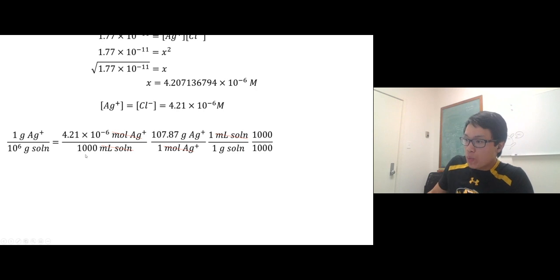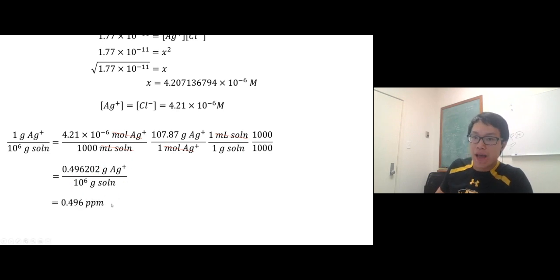So at the top, you just use the calculator: 1,000 times 107.87 times 4.21 times 10 to the negative 6, and you get that many grams of silver ion. Gram silver ion over 10 to the 6 gram solution, that is ppm. That's it, and 3 sig figs.